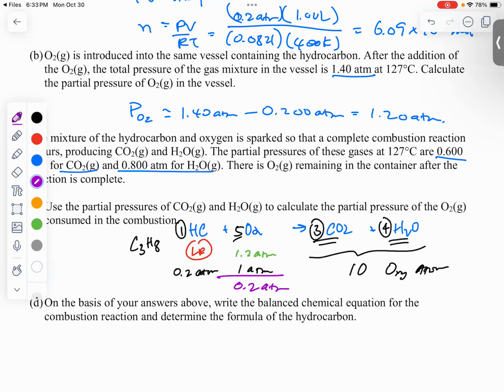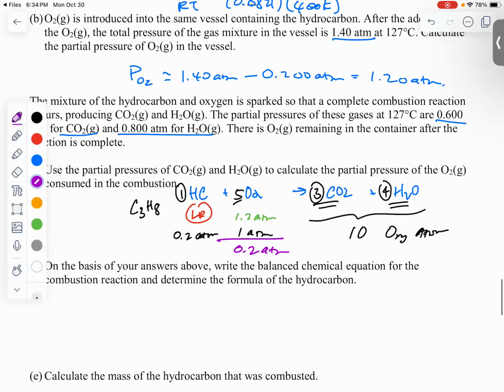So this one is particularly challenging because this requires you to know Avogadro's principle, that pressure or partial pressure is directly related to the quantities. So if the temperature and volume remain constant, you can use pressure to judge the molecules.